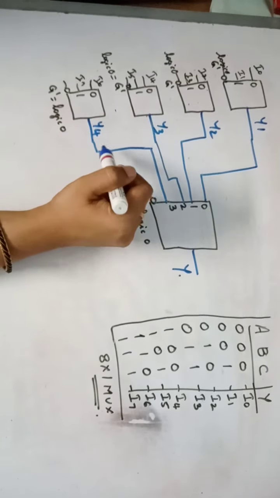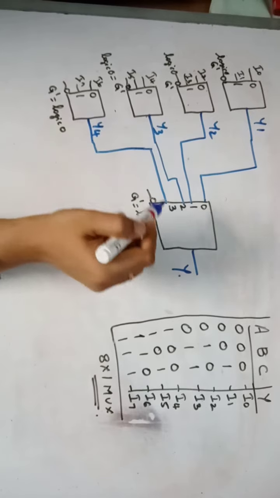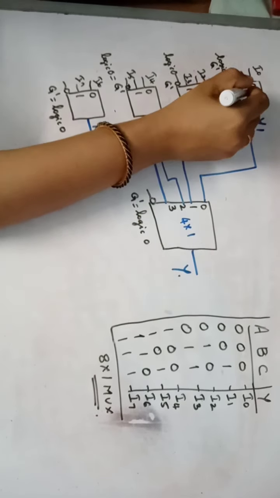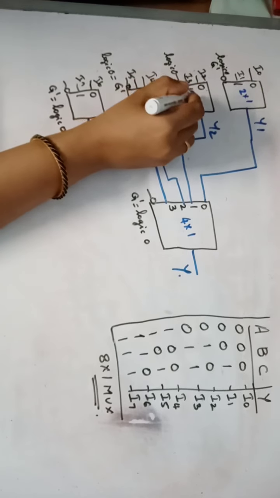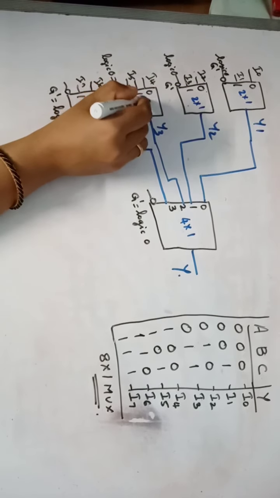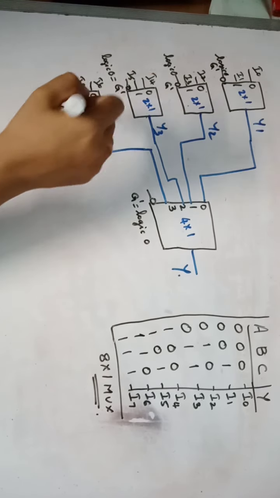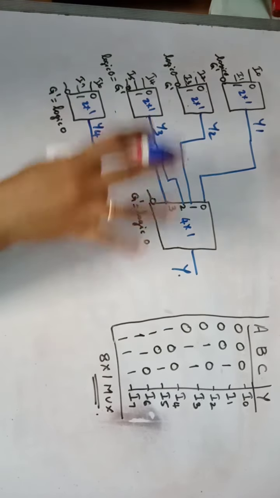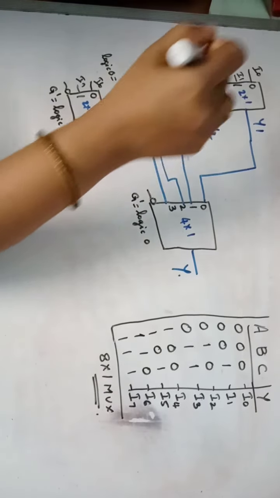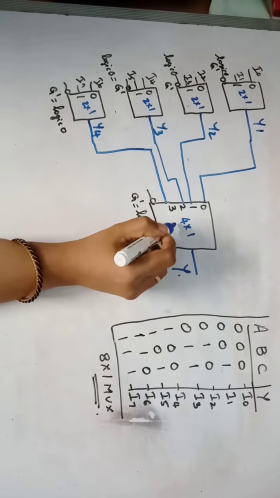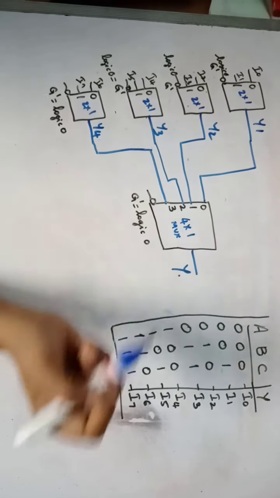So one of the output lines of the 2 by 1 mux is selected using the 4 by 1 mux. So you can write 2 by 1 mux inside each of these. Due to space constraint, I am not able to write. So you can write 2 by 1 mux inside the 4 by 1 mux in each of these.